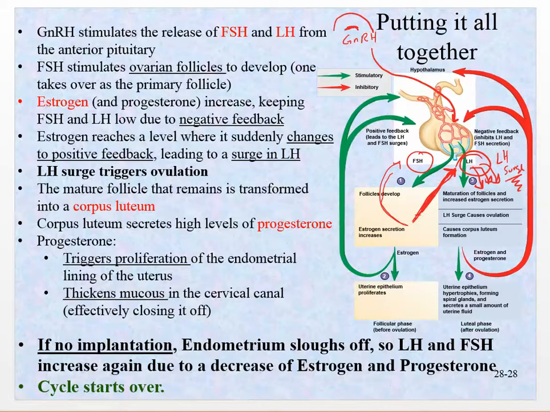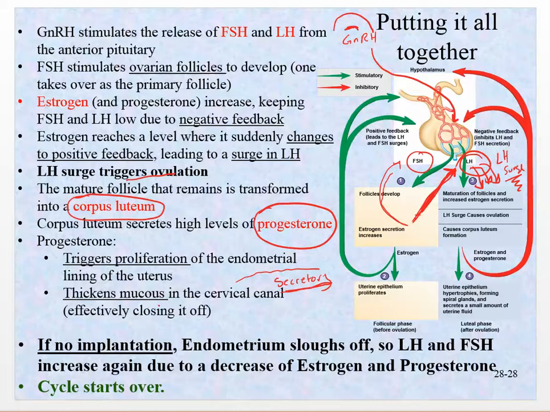So it switches to positive feedback, ovulation, and then the mature follicle that just released the egg is transformed into the corpus luteum, the yellow body, which secretes progesterone. Progesterone triggers the endometrial lining of the uterus to continue to develop somewhat and become secretory. That's mainly progesterone causing that.